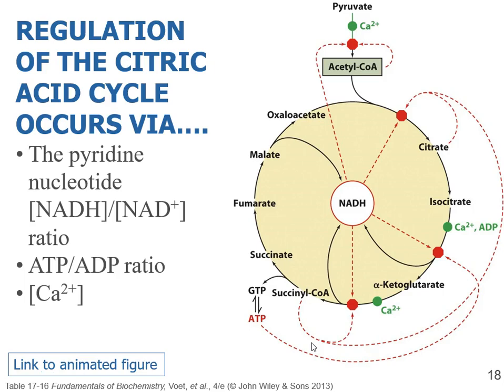And the ATP-ADP ratio, again, if that ratio is high, we have a lot of ATP and we don't need any more, but if that ratio is low, we have low ATP and high ADP and calcium. So if we just look at those 3 regulatory strategies, that's going to help us understand how this pathway is regulated.